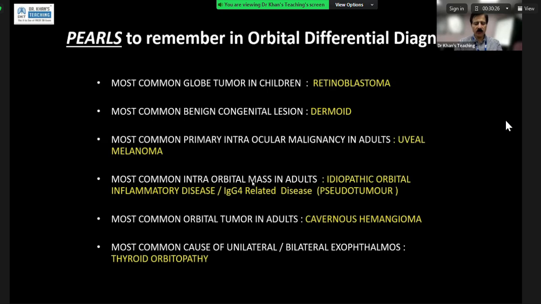Most common intraorbital mass, the word is mass, in adults, is idiopathic orbital inflammatory disease, IgG4 related disease. Previously we used to call it pseudotumor. Most common orbital tumor, so this is not a malignancy but tumor written here, is cavernous meningioma. Most common cause of unilateral or bilateral exophthalmos is thyroid orbitopathy. Take a screenshot of this.